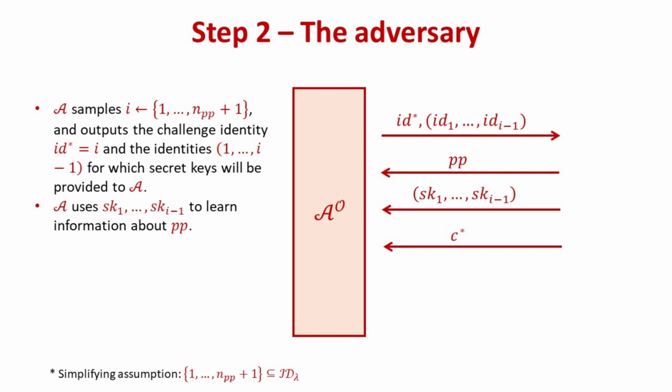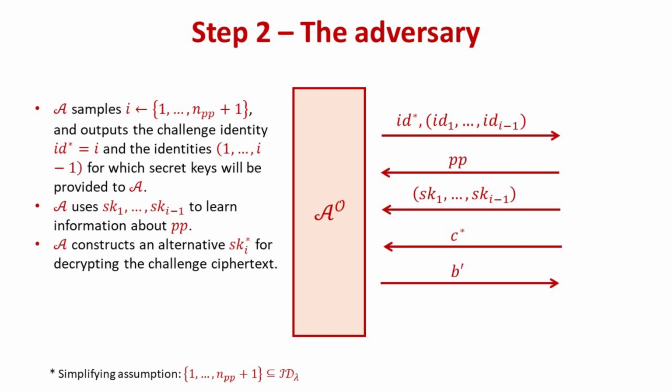In the next slide, we will see exactly what A needs to figure out and how this is done. Then, using the information learned about the public parameters, A constructs an alternative secret key for the challenge identity I and uses it for decrypting the challenge ciphertext.